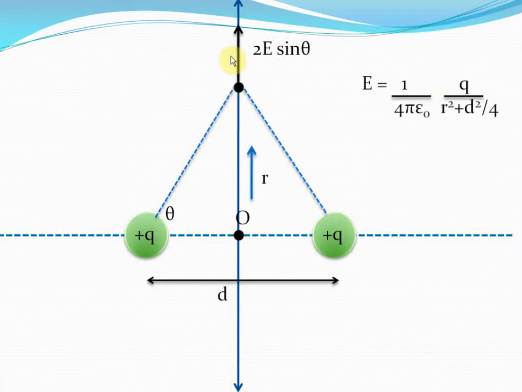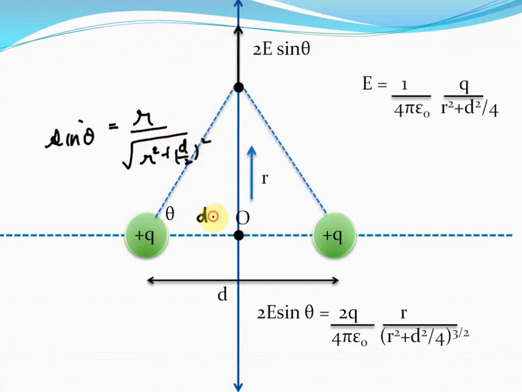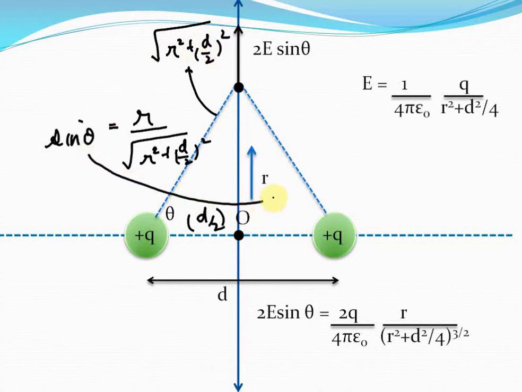So we know the value of E. Similarly, sin theta can be written as sin theta equal to r divided by square root of r square plus d by 2 whole square, isn't it? Because this is d by 2, this is r, this is square root of r square plus d by 2 whole square, isn't it?